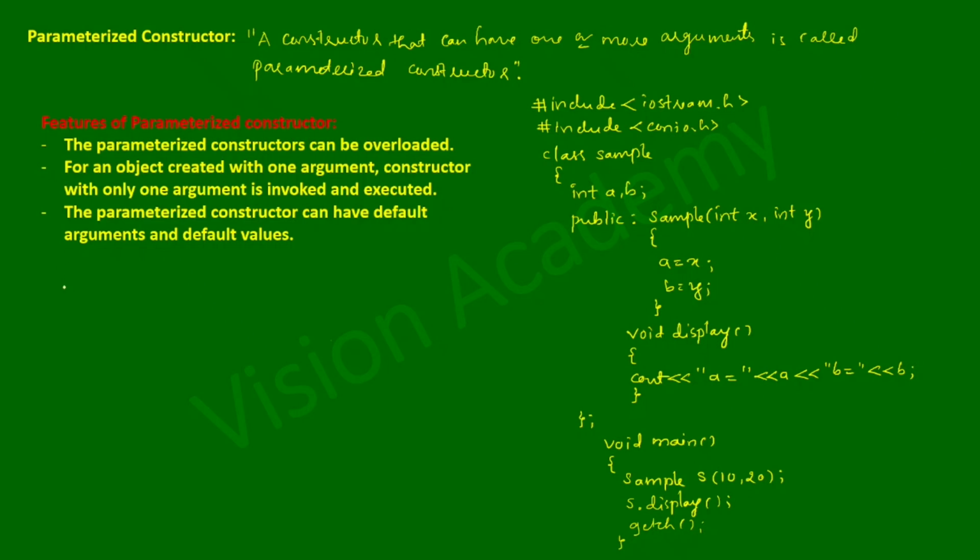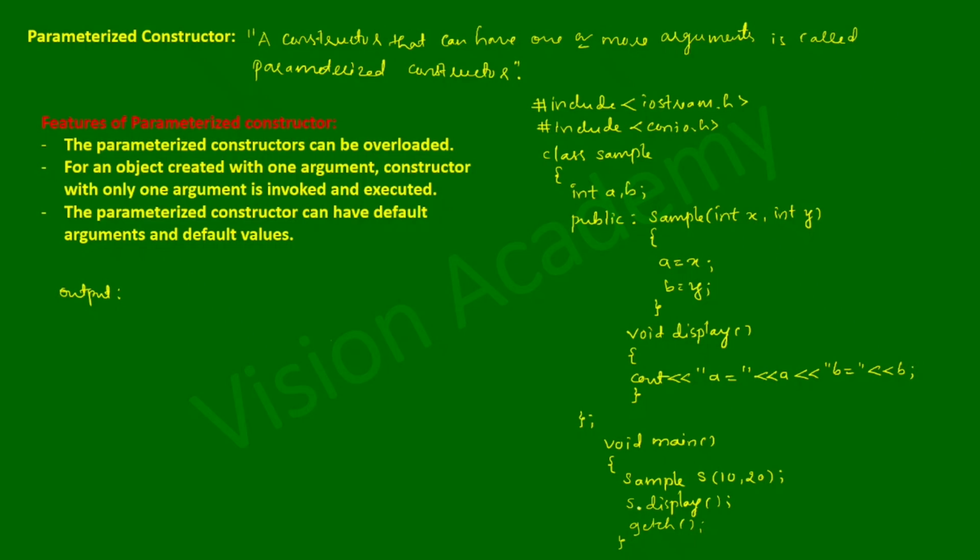So once we compile and run this program, it starts executing from main function. So first of all, it is going to call this constructor, that is parameterized constructor, by passing 10 and 20 to both x and y arguments. In turn, x and y are initializing to a and b. Again, control transfers back to main function, and it is going to execute the next statement, ys dot display.